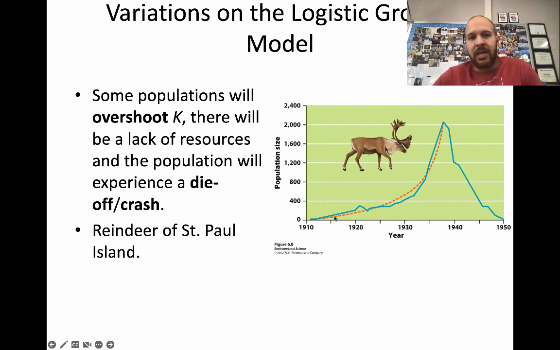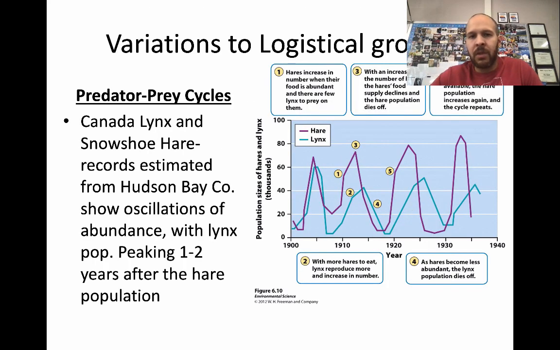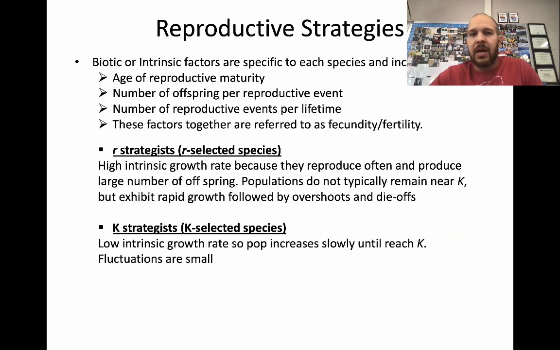All the predators had died off or were not around, and so these reindeer were able to grow way past their carrying capacity, and then they used up all the resources. They ate all the grass, whatever their food is, so there was no food left for any of the reindeer anymore, and we had a die-off or crash in population. That's what we see sometimes with those kinds of species.